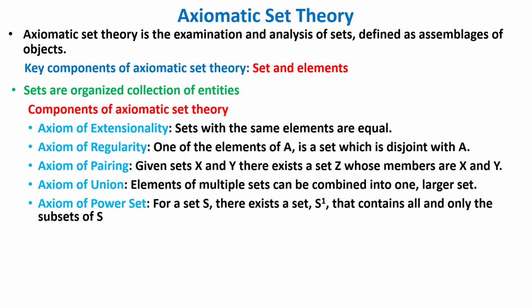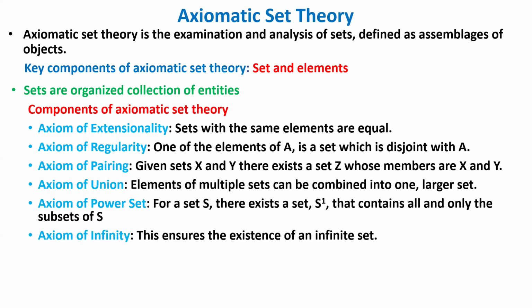In the axiom of power set, for instance, let's take a set S. There exists a set S prime that contains all and only the subsets of S. The axiom of infinity ensures the existence of an infinite set. Others are the axiom schema of replacement and the axiom of choice.